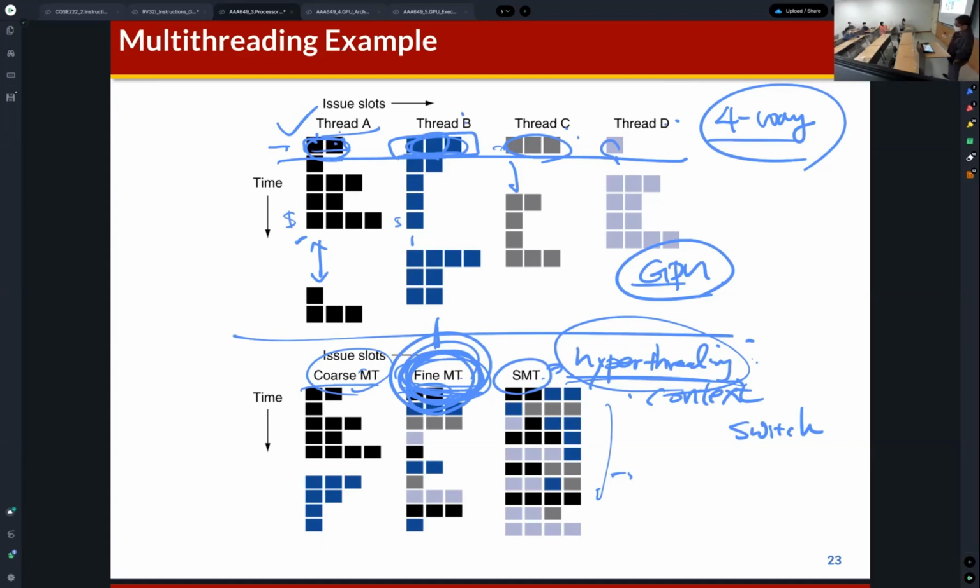Also, there are two different ways of having multi-threading: coarse-grained multi-threading and fine-grained multi-threading.